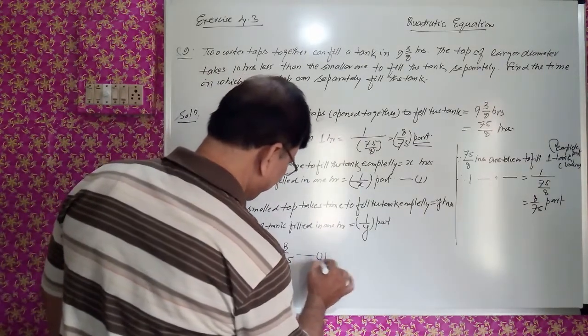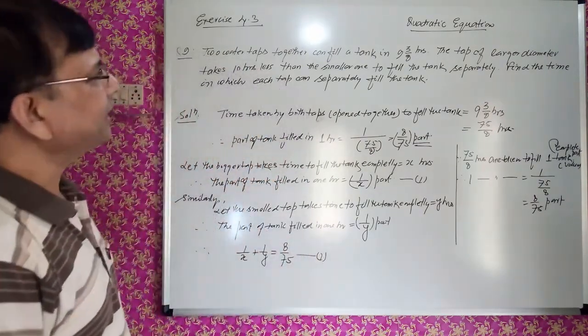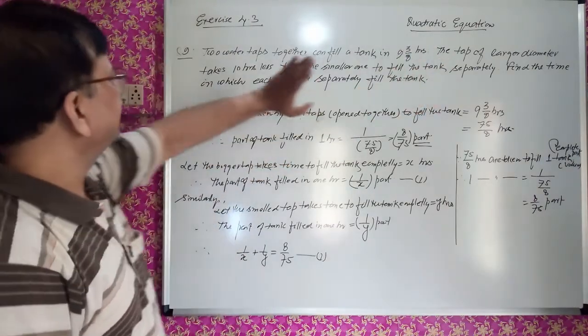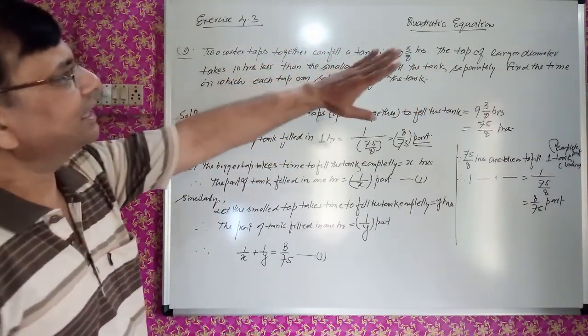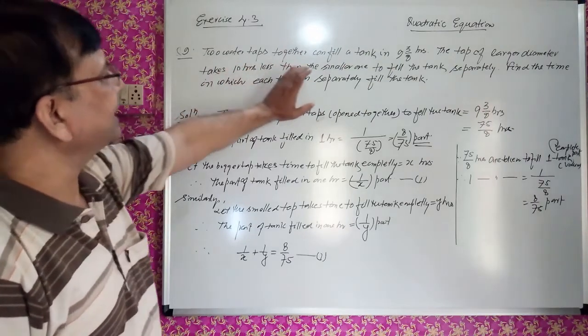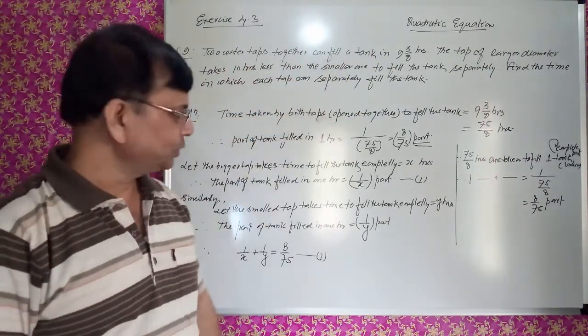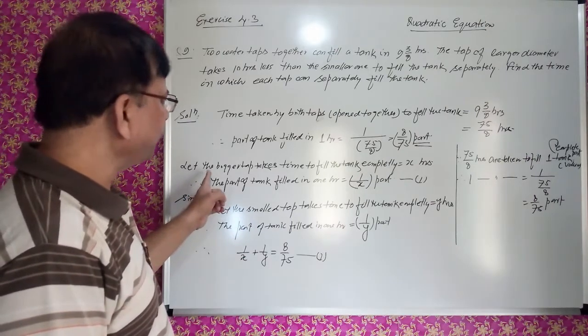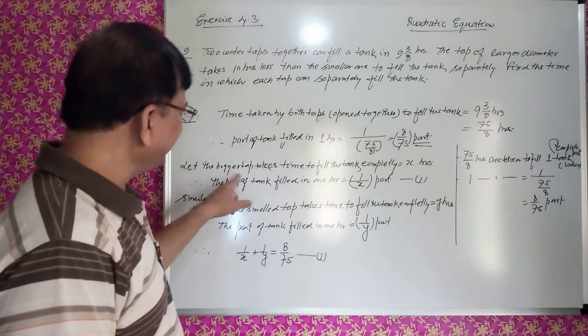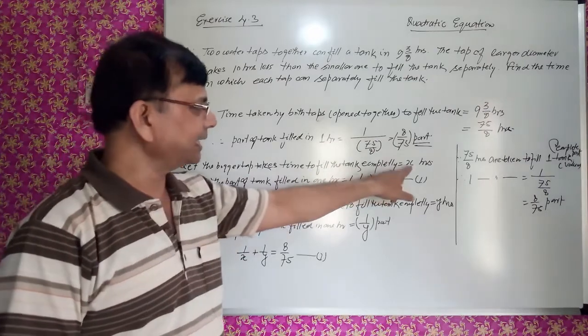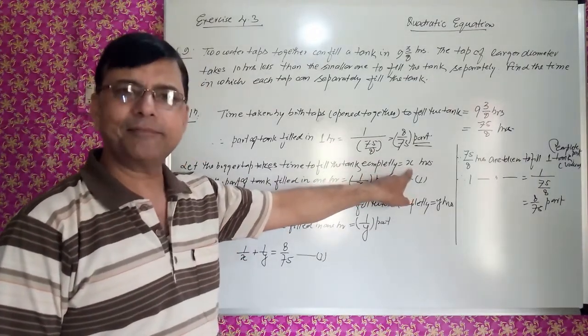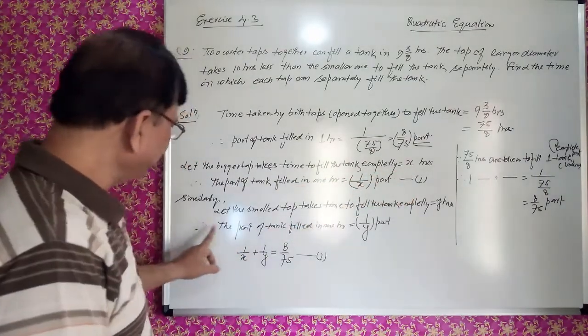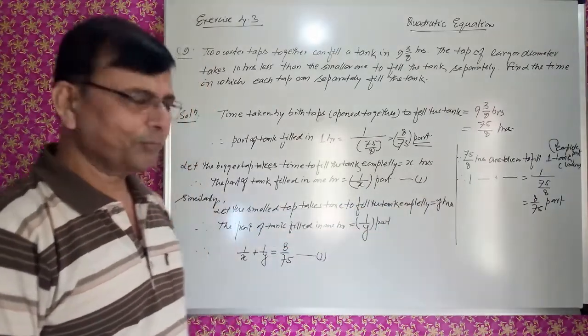That is the first part, the important one. Second part: the larger tap, with the larger diameter, takes 10 hours less than the smaller one. So time taken, if they are open separately, by the bigger tap is X hours, which will definitely be less, and by the smaller one it is Y. Then what is given?